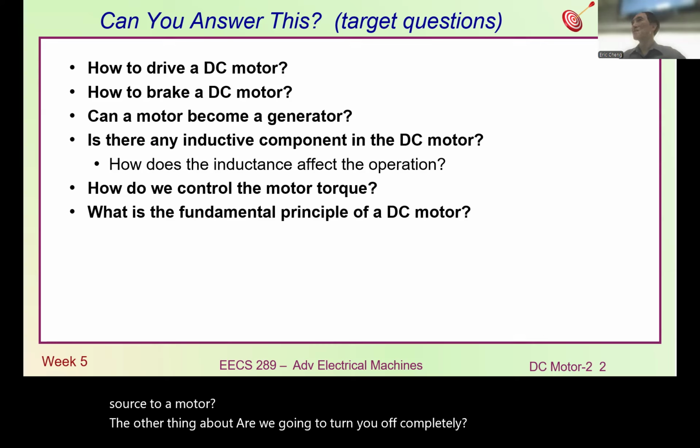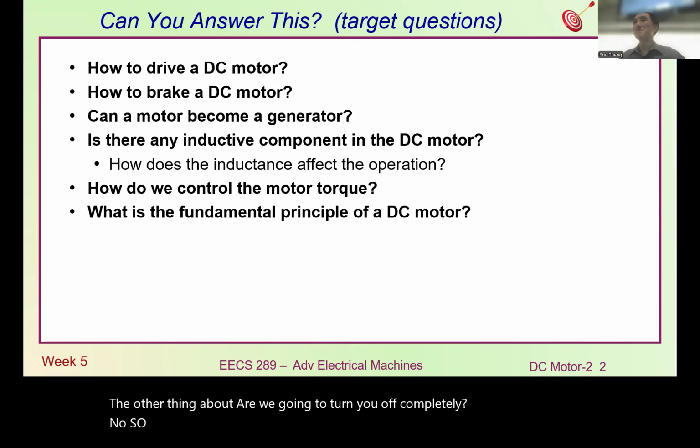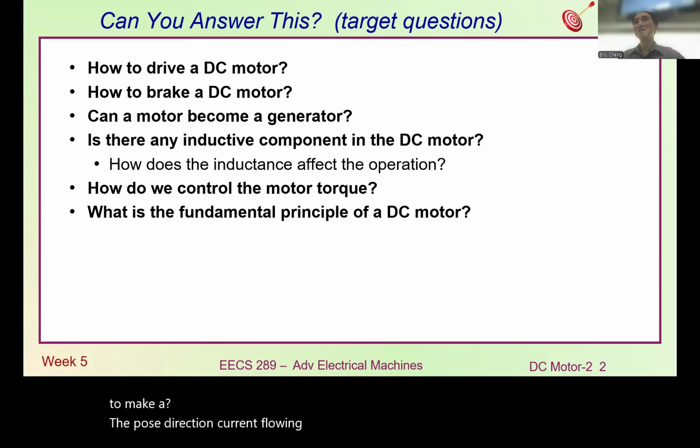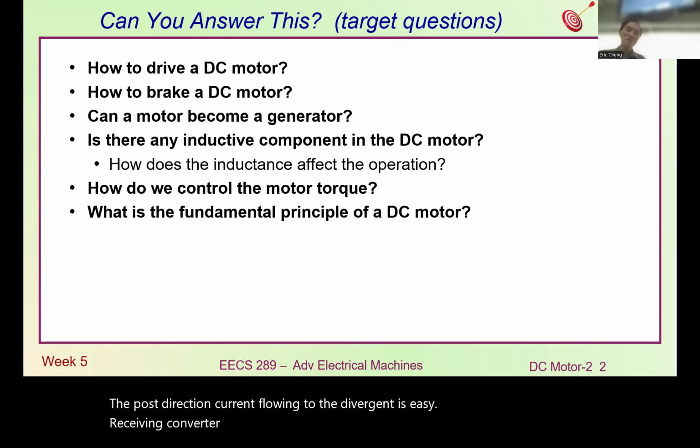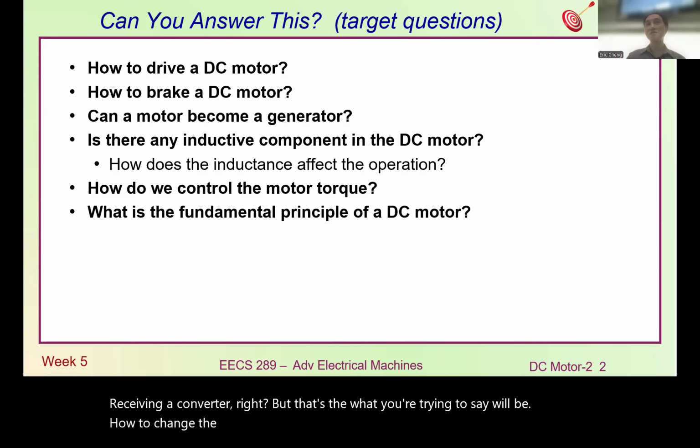No. So there's a way to manipulate the DC source, right? Maybe use the inverter to make the current go in the opposite direction. We're still using a converter, right? Inverter is the term, but that's what he's trying to say: how to change the current. That's the thing you need to do.